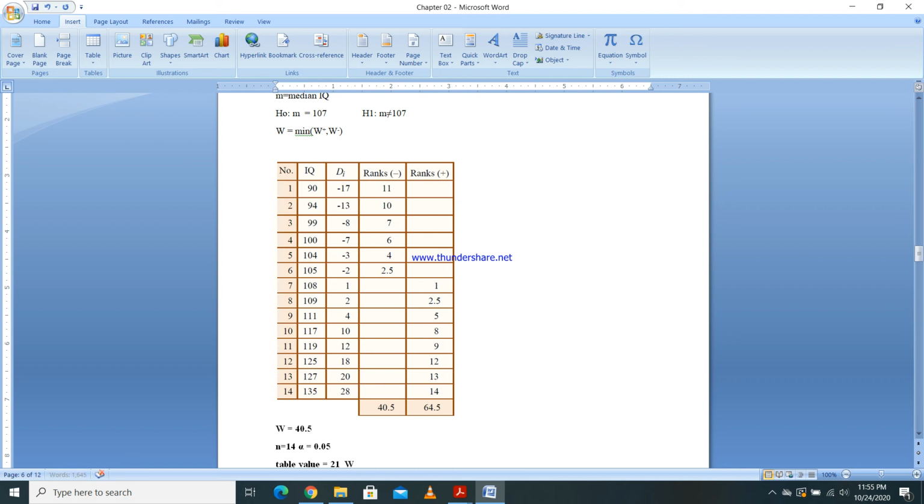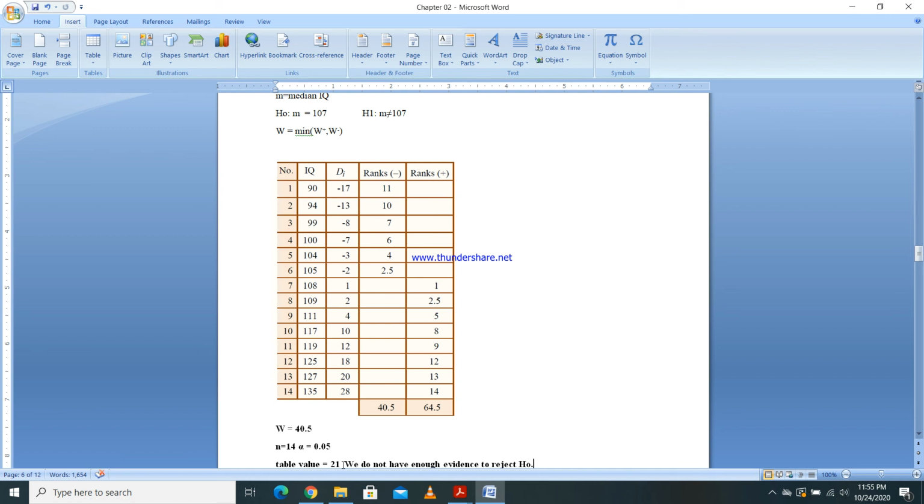So in this case also we do not have enough evidence to reject H naught. So the conclusion is, we cannot say that the median IQ level is different from 107.